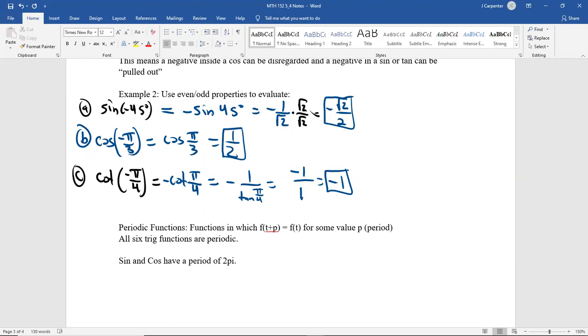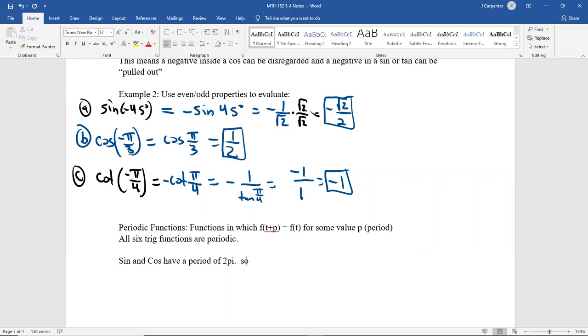Now, if you wanted that in degrees, that means they have a period of 360 degrees. But we're not going to be talking about degrees too much in some sections, so I want to get us used to talking radians a little more. So the cosine of 0 is the same as the cosine of 360 degrees, is the same as the cosine of 720 degrees, is the same as the cosine of 1080 degrees, etc.